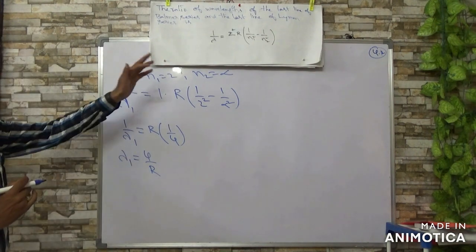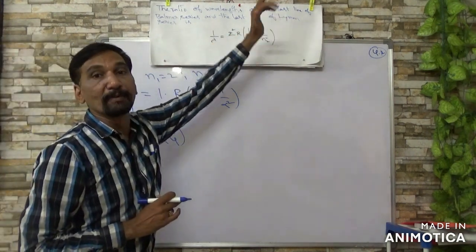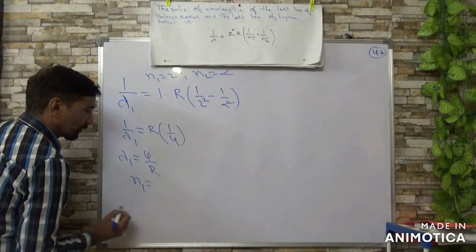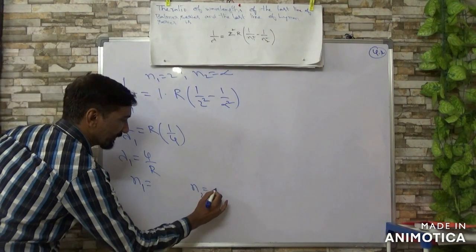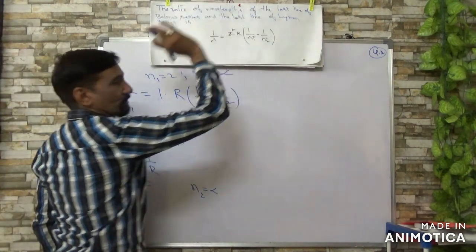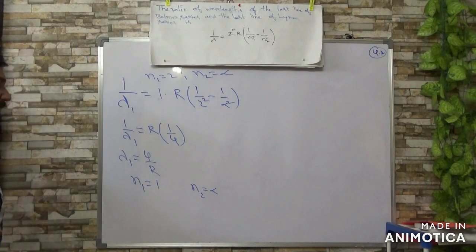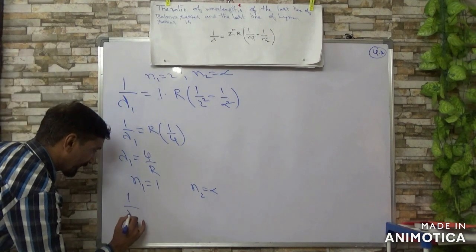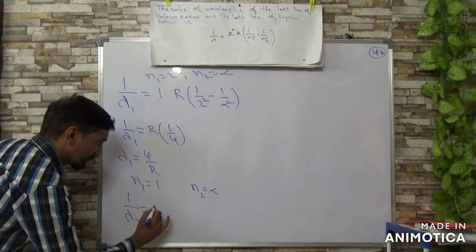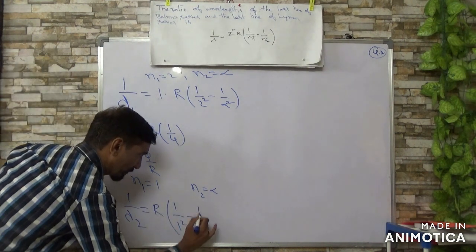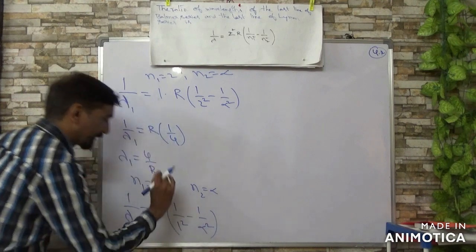Now in the second case, the Lyman series. The transition is taken from infinity, because they are saying the last line, to the first one. So 1 by lambda 2 becomes Rydberg constant into 1 by 1 square minus 1 by infinity square.